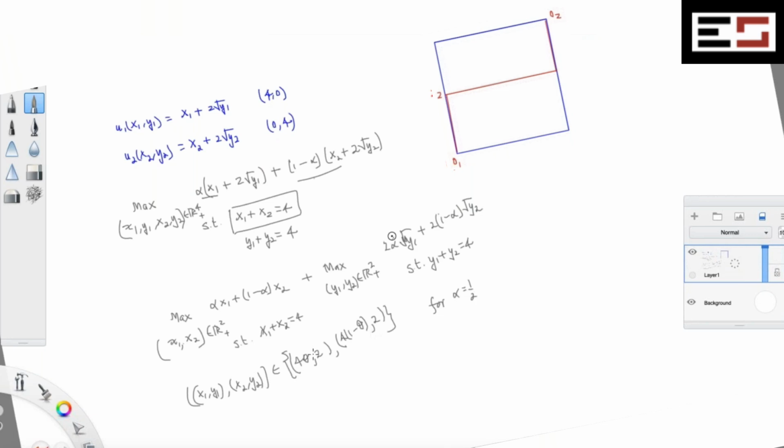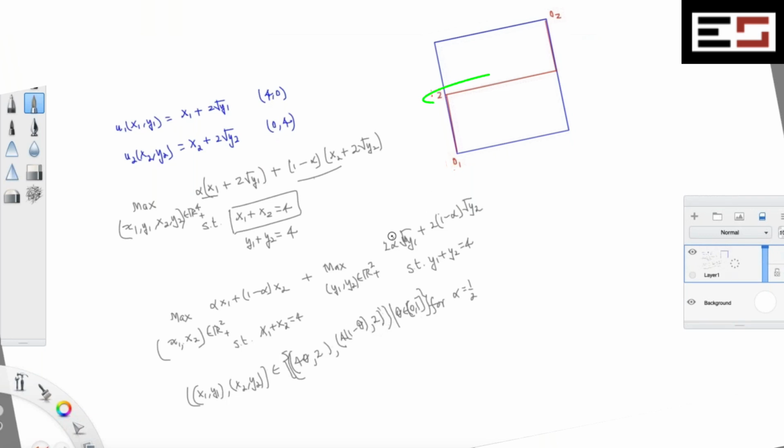So when alpha is equal to half, this can be anything, theta, where theta belongs to [0, 1]. X1 is 4 theta, x2 is 4 times (1 minus theta), y1 is 2, y2 is 2.